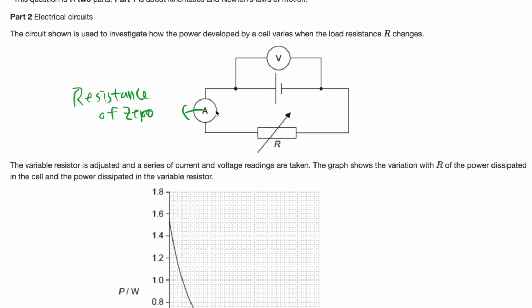So we don't want the instrument itself to have some resistance. Because if it has some resistance, the total resistance of the circuit changes. So the current of the circuit will also change. And so for the voltmeter, it's gonna have an infinite resistance, so that no current will be going through from here to here. Right? So no current will be going through the voltmeter.